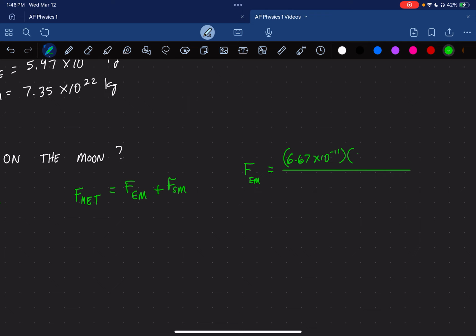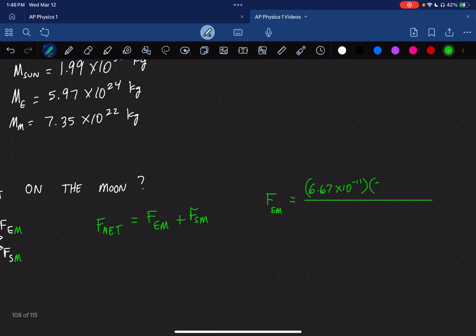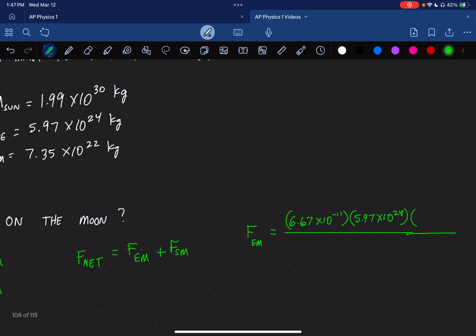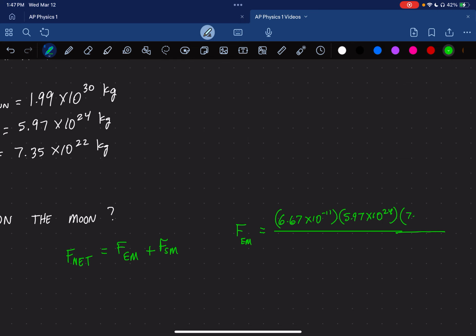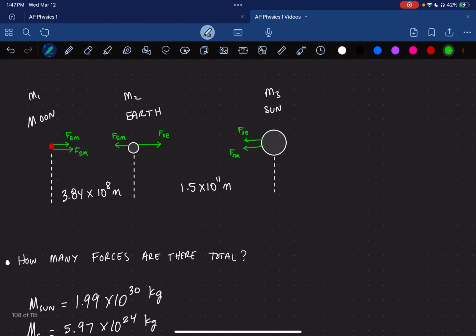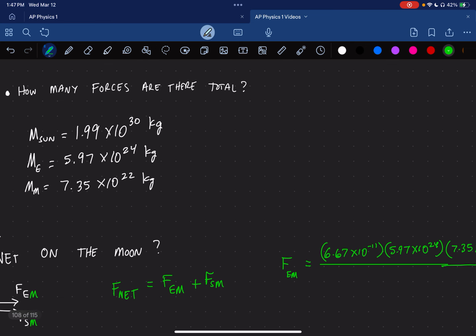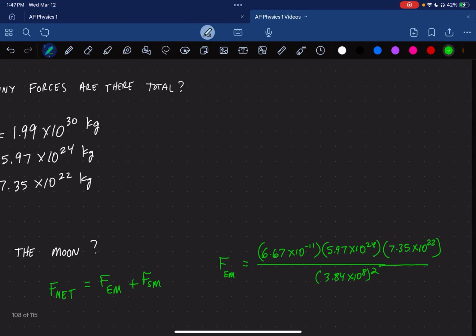We need the mass of the Earth, 5.97 times 10^24, and we need the mass of the moon. This is wrong. Oh, no, no, this is right. Yeah, 7.35 times 10^22. Now, what's the distance between the Earth and the moon? 3.84 times 10^8. Squared.